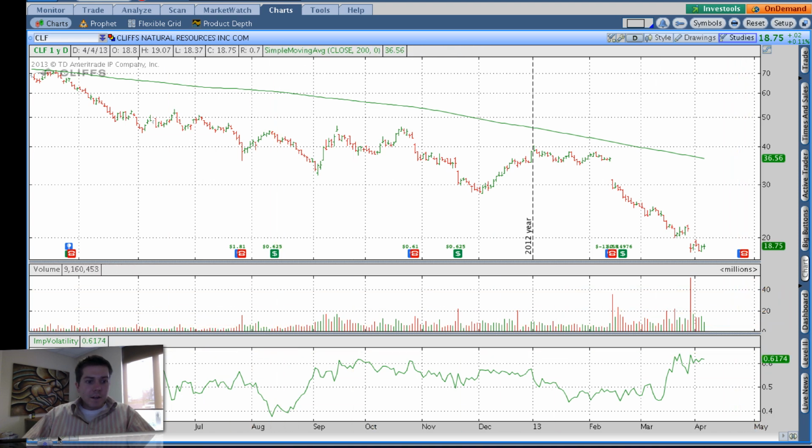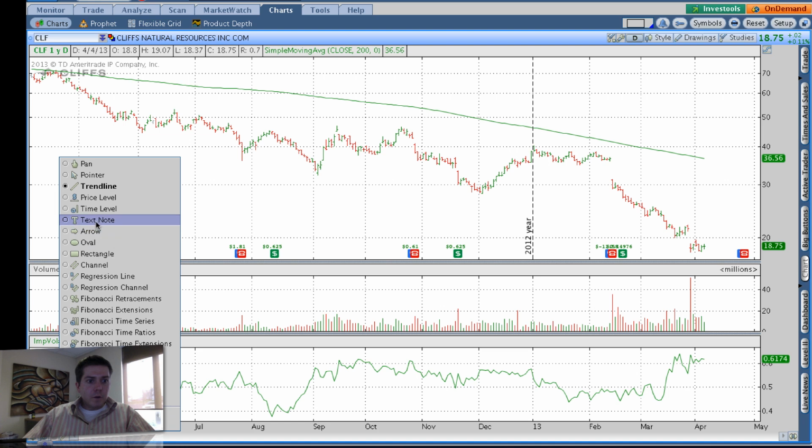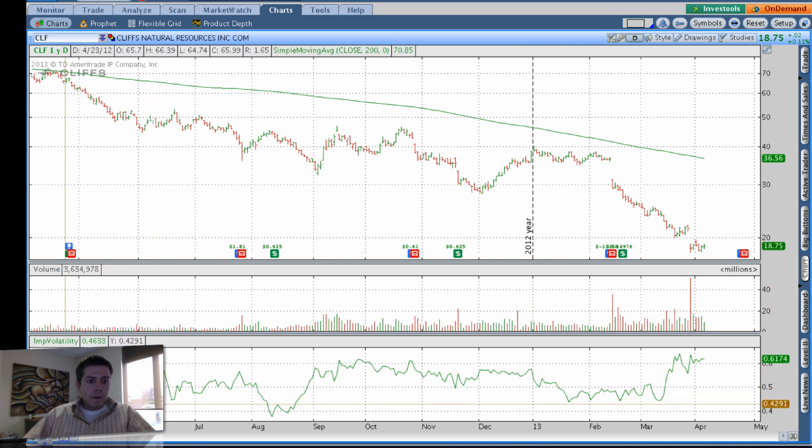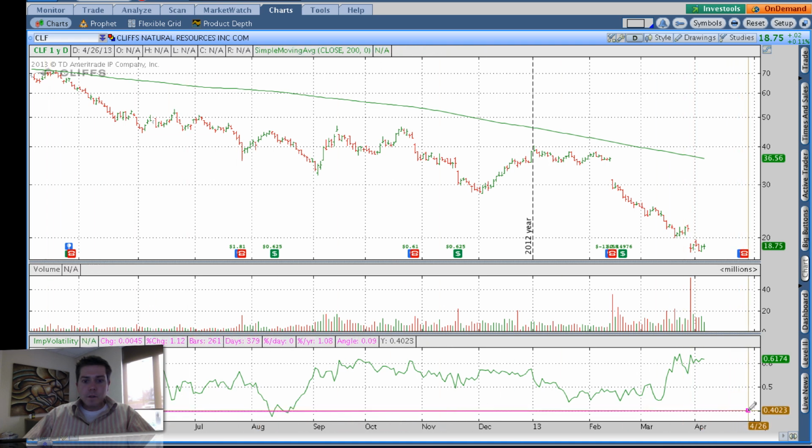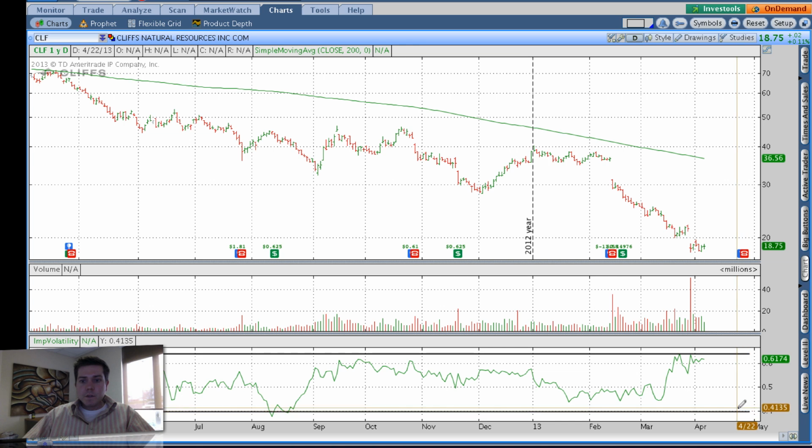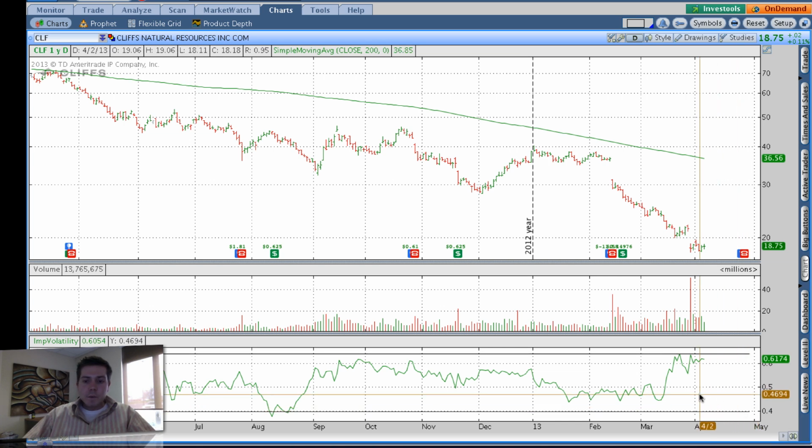But what you can see here is, let's bring up the Channel tool. And you can see we've got a lower end of the range, right around this 40% implied volatility. And then the top end of the range is right around 63, 65. Really 63 is kind of the top end of the range.